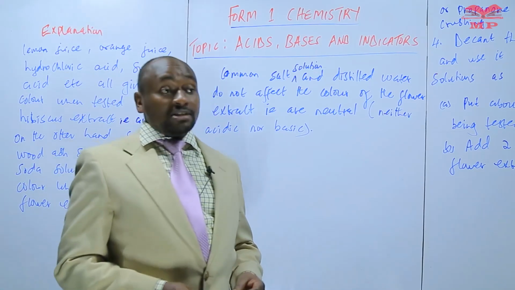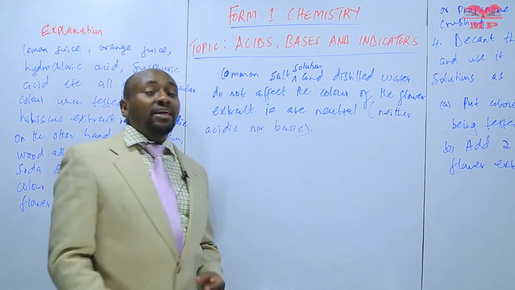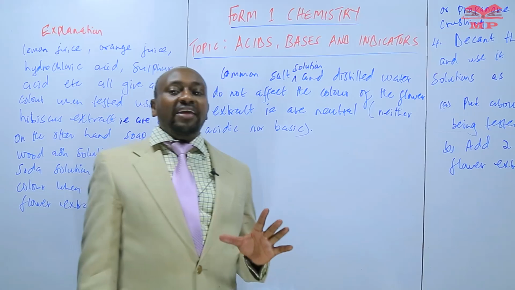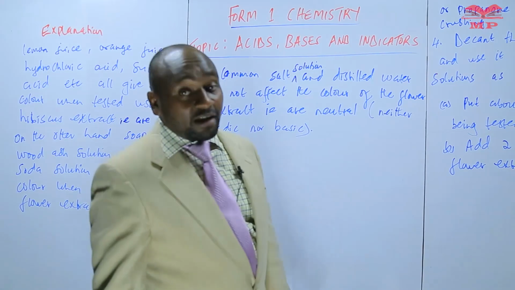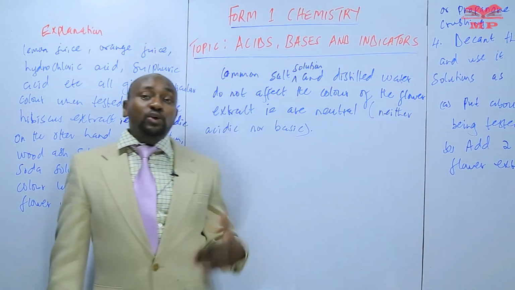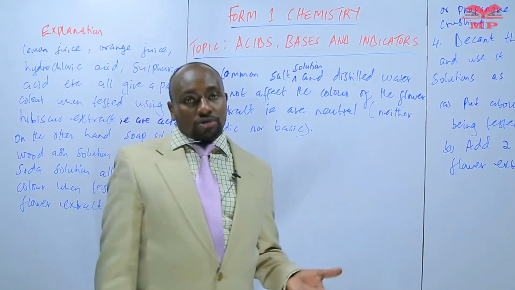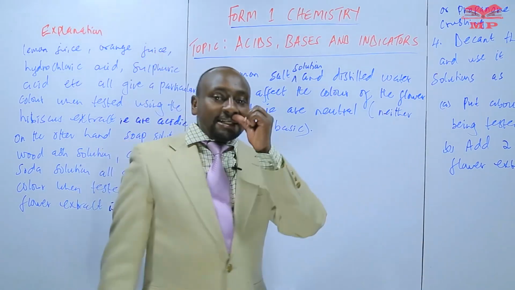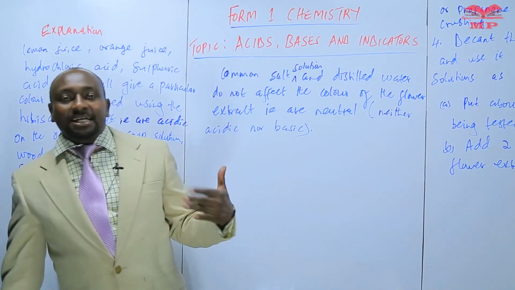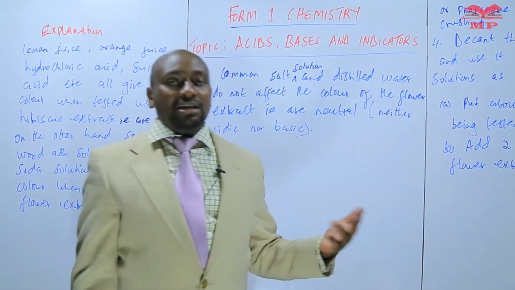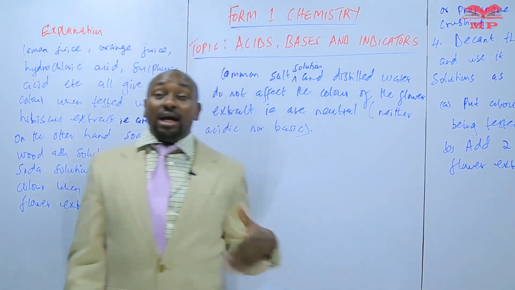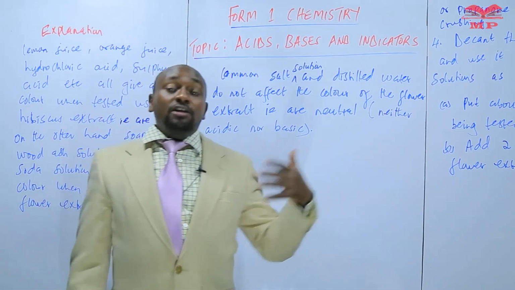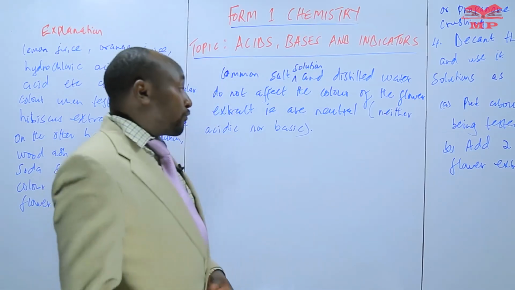That is why they must be used only when they are freshly prepared. You cannot store them for future use, right? And that is why there is need for other indicators that are more consistent in terms of the results, and which can also be kept for future use.